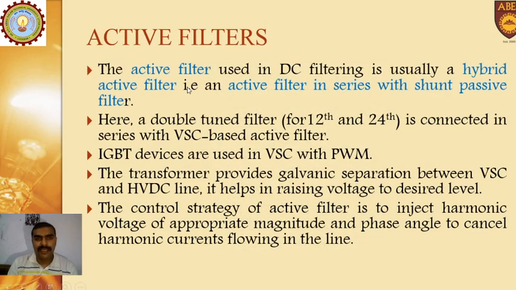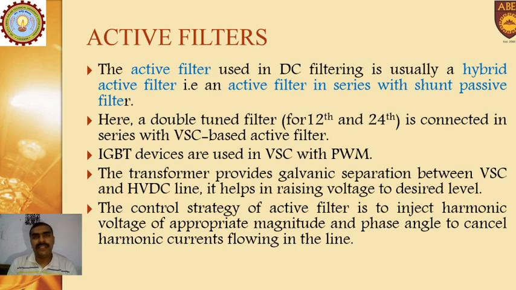Then another type is the active filter. The active filters used in DC filtering are of hybrid nature. Hybrid means an active filter in series with a shunt passive filter. For this purpose, IGBT devices are used in a VSC with PWM, and a transformer provides galvanic separation between the voltage source converter and the HVDC line. It also helps in raising the voltage to the desired level.